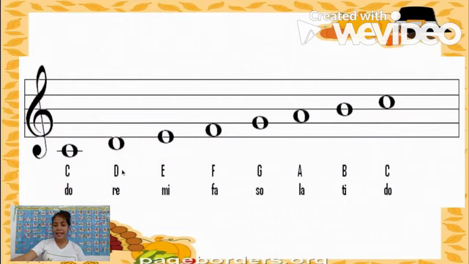Then D, and E goes on the first line. That's where you put mi, or E. F, fa, goes in the first space. G, sol. If you sing the solfa syllables, you make it sol.